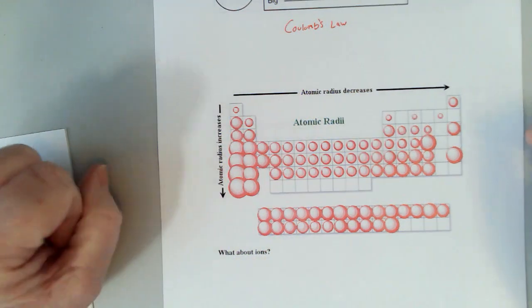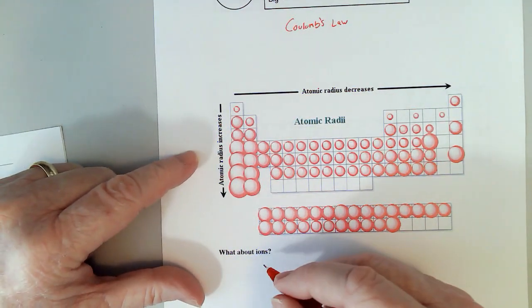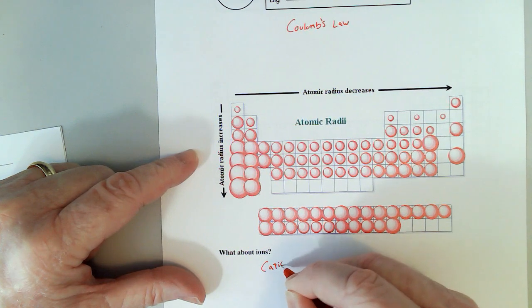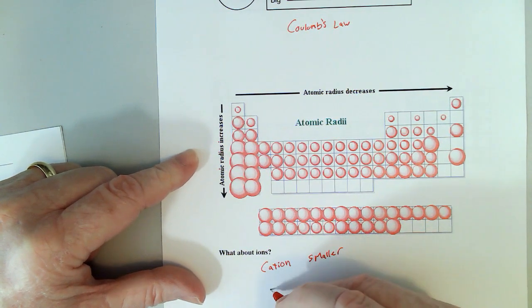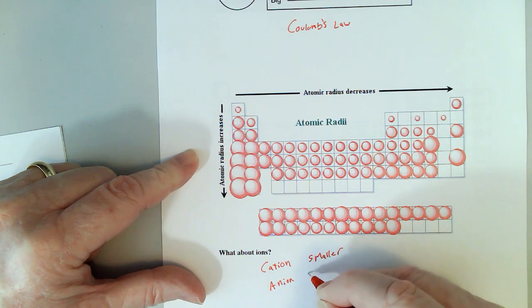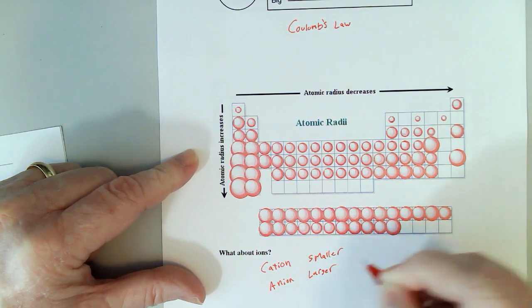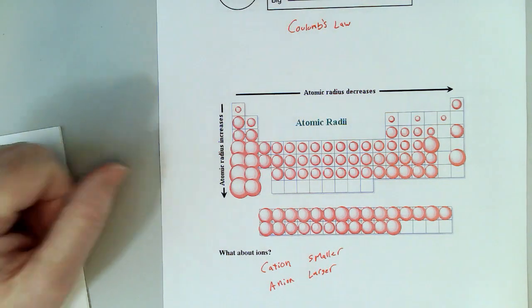Okay? Now, typically for ions, if you have a cation, which is positive, it's smaller, and an anion is larger than their respective neutral atoms.